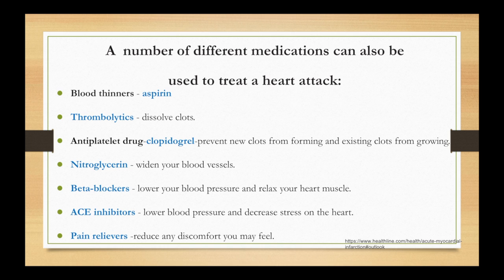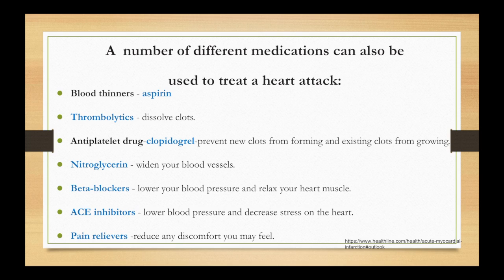I'm going to talk about a number of different medications used to treat a heart attack. Other than all of the above, here are some drugs that we use to cure the disease. Try to imagine how myocardial infarction damages the patient's health, and then you can tell what is the most important thing for the patient.